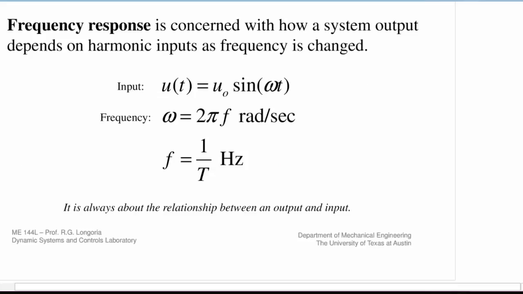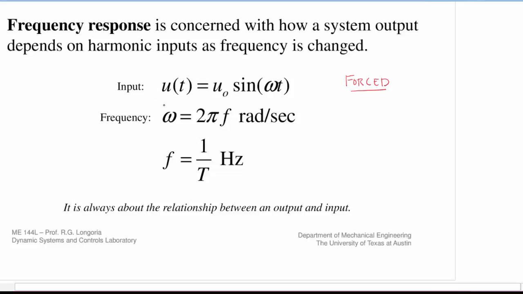When we talk about frequency response of a system, we're talking about a forced response, right? As opposed to, say, an initial condition response.